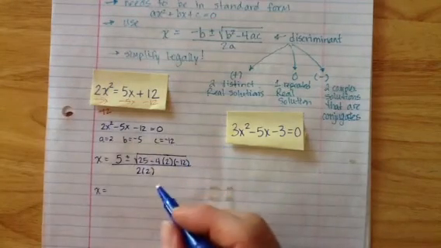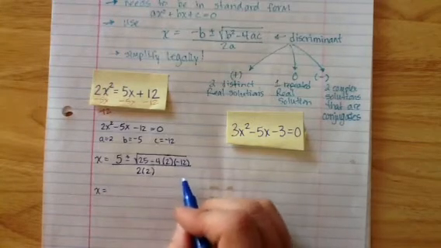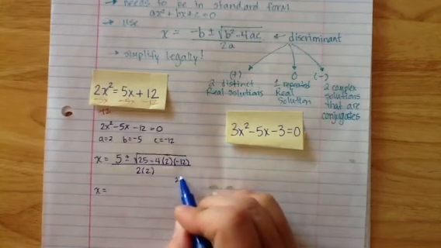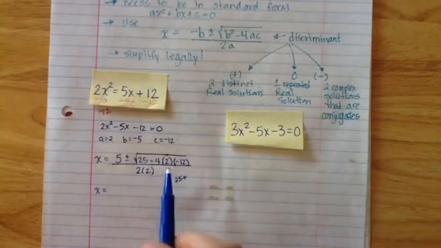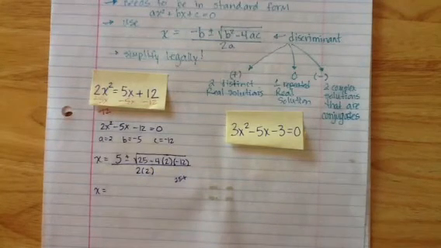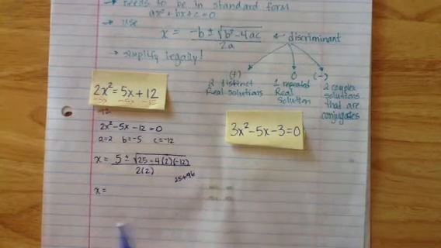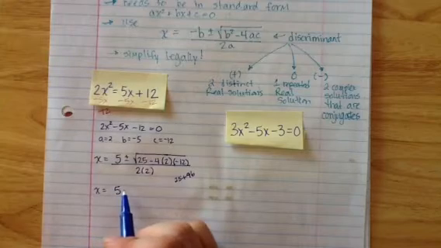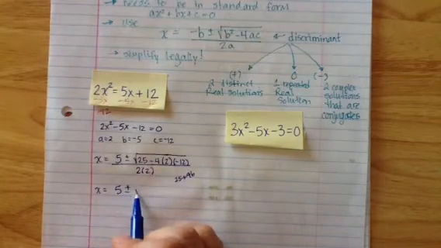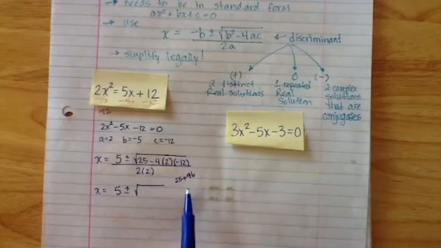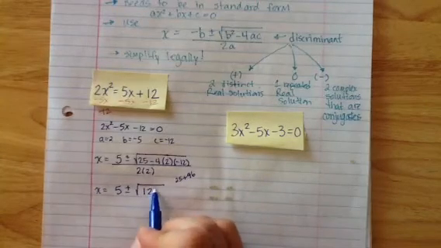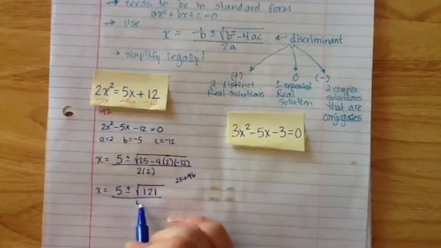So really what I have in the discriminant is going to be 25 plus whatever 4 times 2 times 12 is, which is 96. So 25 plus 8 times 12 is 96. So my next step is going to say 5 plus or minus the square root of 25 plus 96 is 121, and that's all over 4.